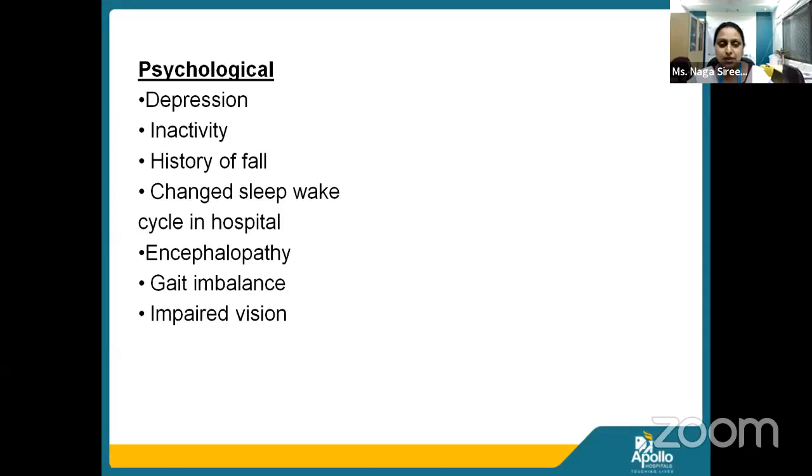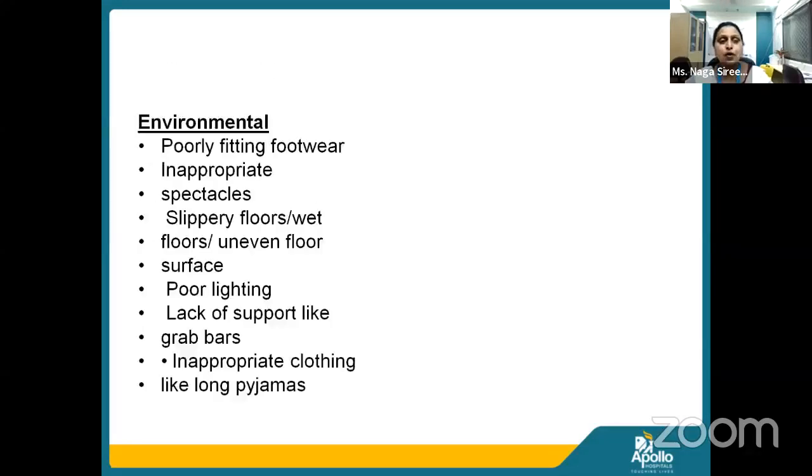History of a fall: as I said, the patient who had a history of a fall at home and comes with the same history is a high alert for us. This patient might fall again in the hospital. Also changes in the sleep cycle, encephalopathy, gait imbalance, impaired vision.